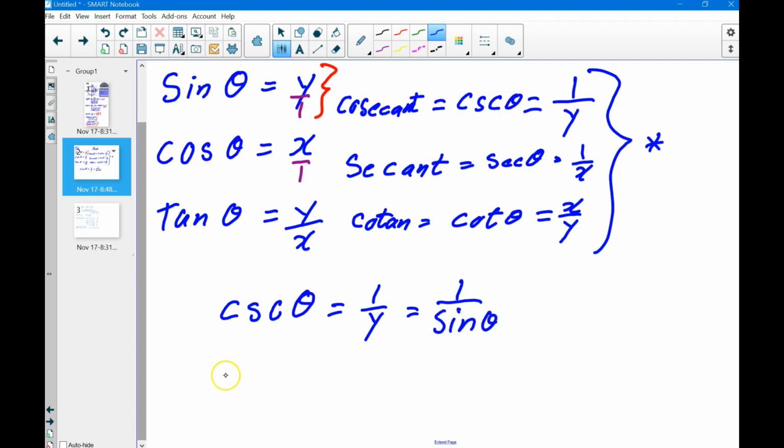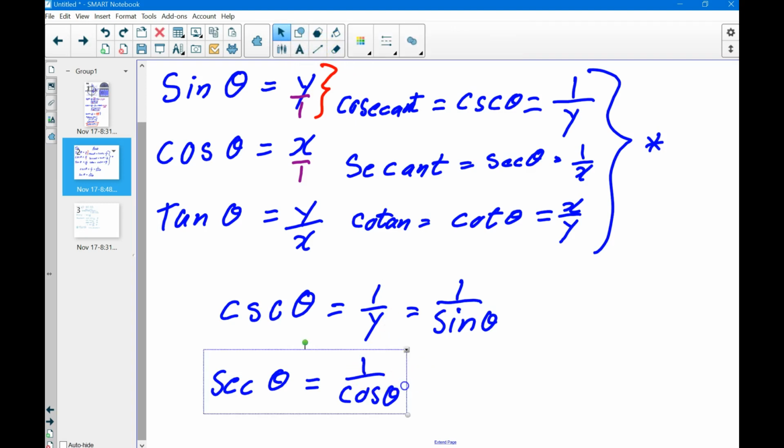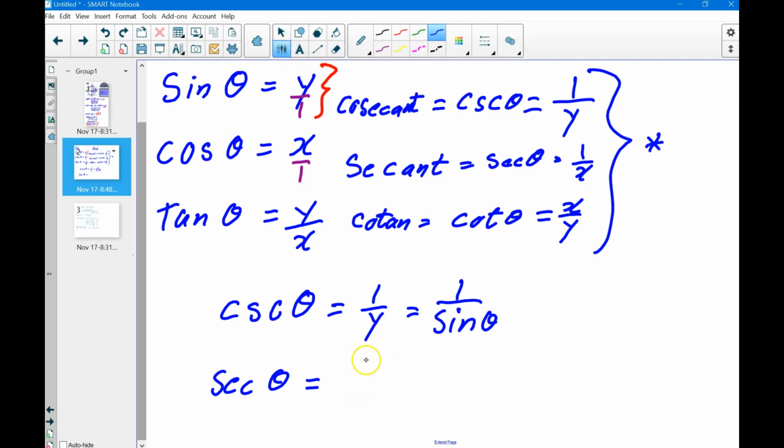And if I use secant theta, it's equal to 1 over x first, which is equal to 1 over cosine theta.